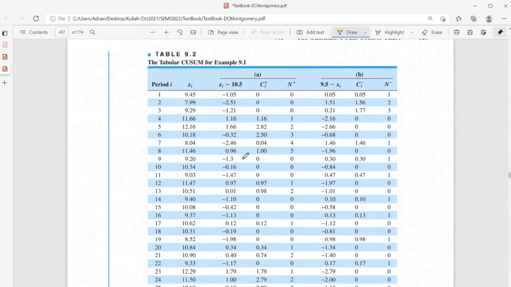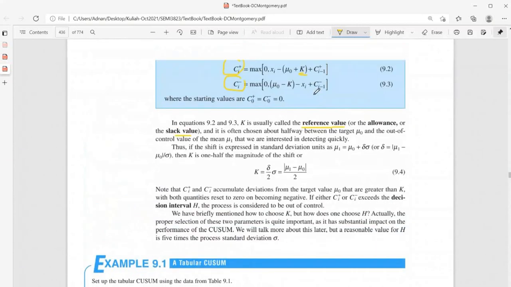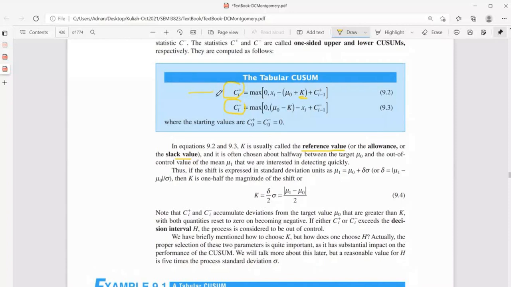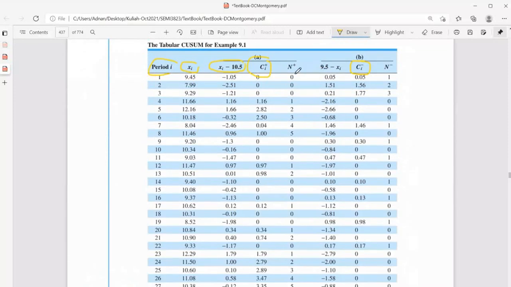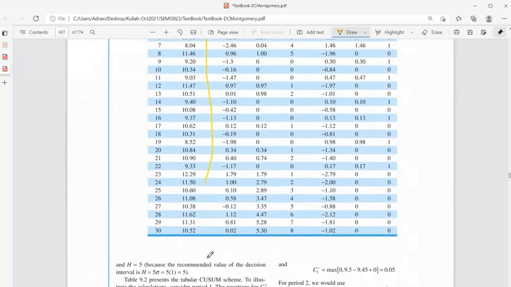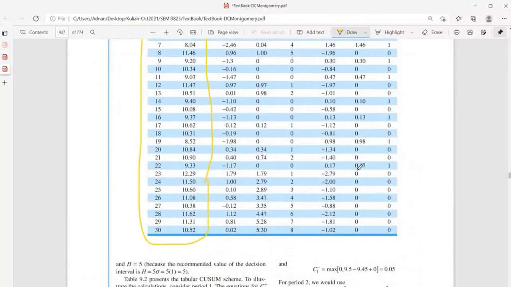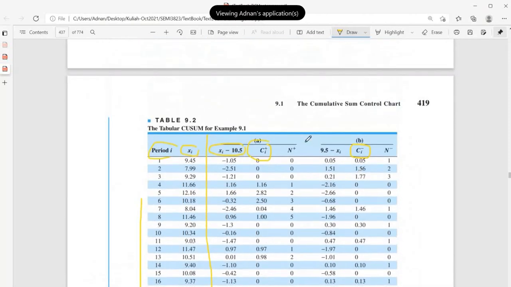We have the period Xi, which we did earlier, but now we have C plus and C minus, which come from this formula. Using this formula we calculate all these values. The data is the same as the previous data. The only addition is C plus and C minus.